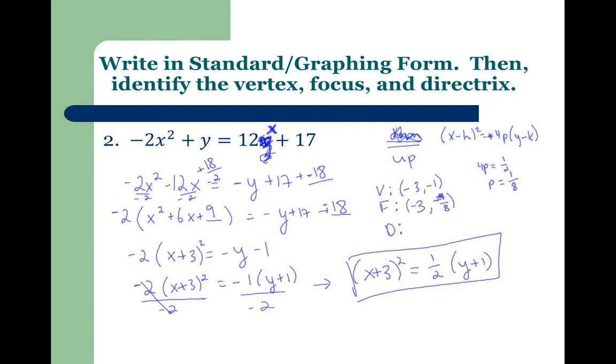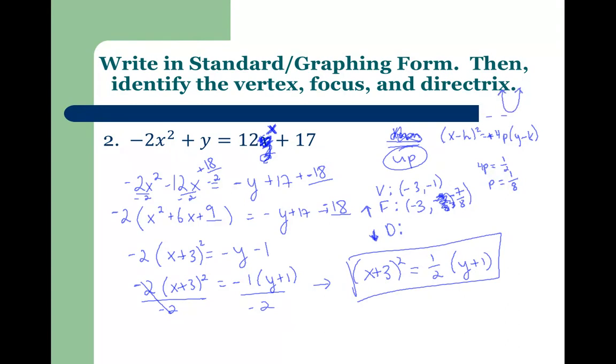Didn't I flip that? I'm going to be going up to get to the focus. Sorry. Down to get to the directrix. So up to get to the focus, so I have -1 plus 1/8, which is going to be -7/8. My fault, guys.